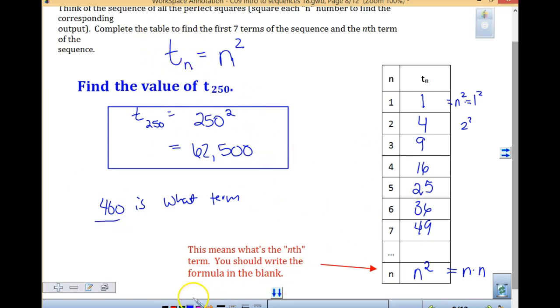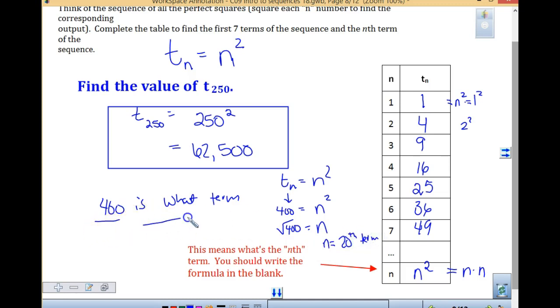So going back to that original equation, t of n equals n squared, you would put 400 here. And you'd say, what squared gives me 400? And what number squared does give you 400? So the square root of 400 is 20. So my answer would be that this is the 20th term in the sequence.